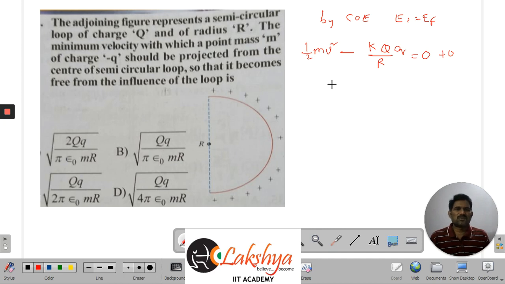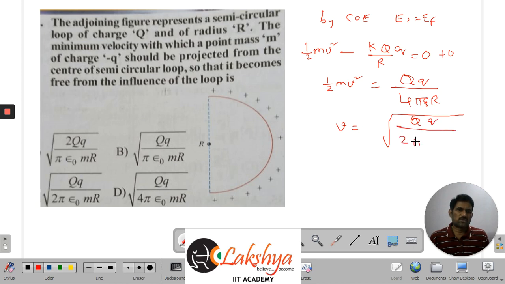Just to simplify this, you will get the velocity here. So half m v square is equal to q into q by 4 pi epsilon naught r, and therefore v is equal to, sorry, this 2 is cancelled here, so I can write this as q into q by 2 pi epsilon naught into m into r.